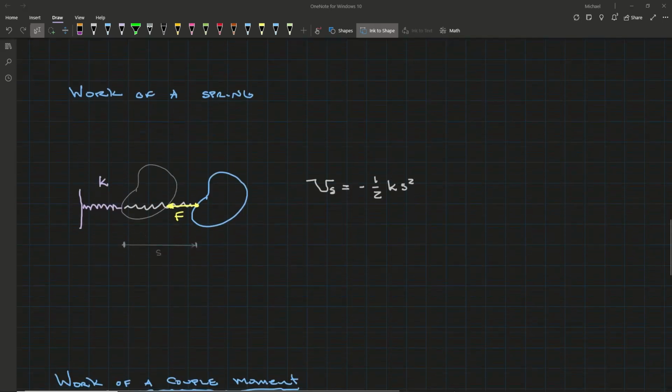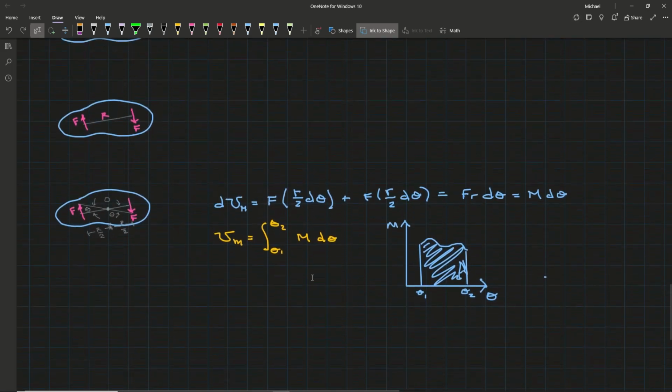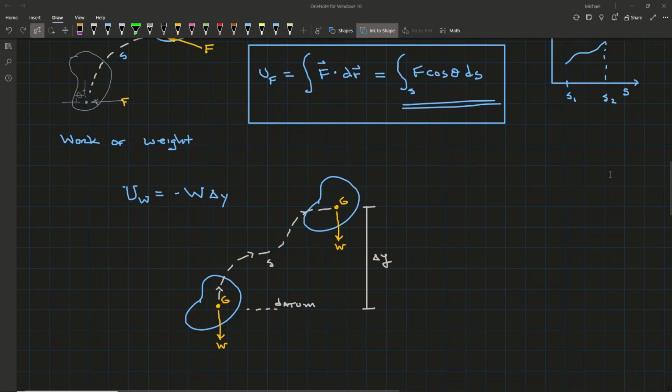Our work due to a spring, this relationship, always negative. And our work due to a moment, this relationship. We skipped work due to weight. This relationship.